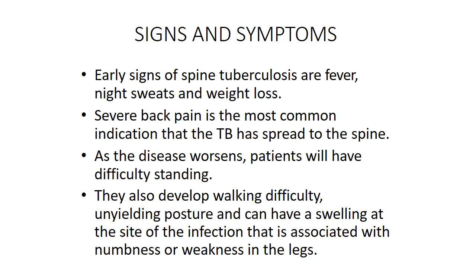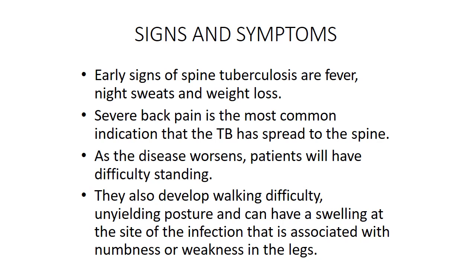So the early kyphosis appears as a swelling on the back. Patient also may complain of numbness or weakness in the lower limbs. If the cervical spine is involved, then there is weakness in the upper limbs. And if the dorsal spine, which is most commonly involved, there is weakness in the lower limbs.